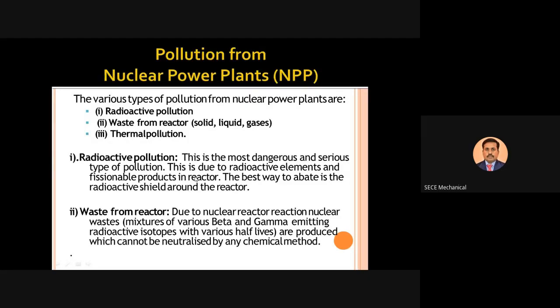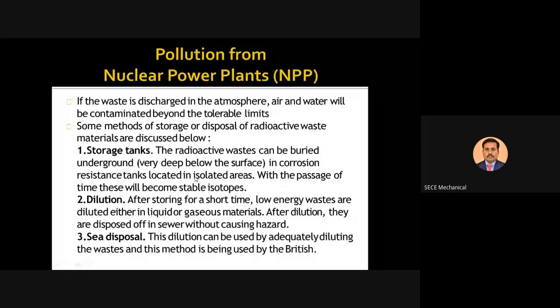And next, if the waste is discharged to the atmosphere, air and water will be contaminated beyond the tolerance limit. Some methods of storage or disposal of radioactive waste material are discussed below. Due to the cooling circuits, water is used, some D2O is used.